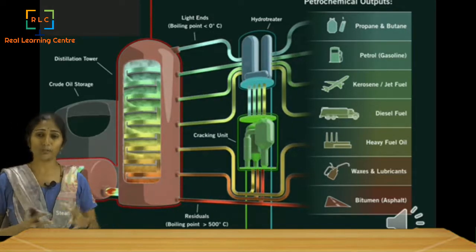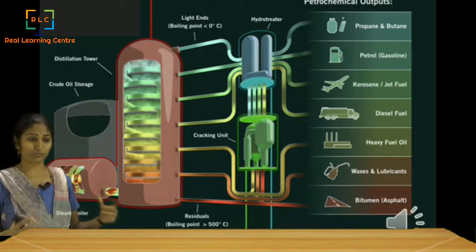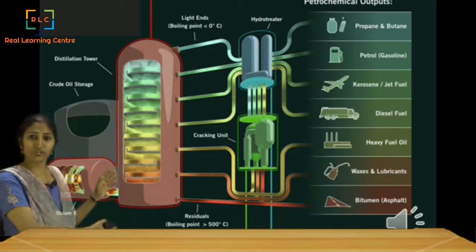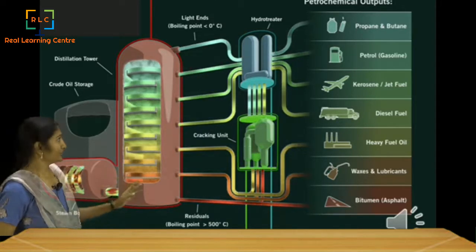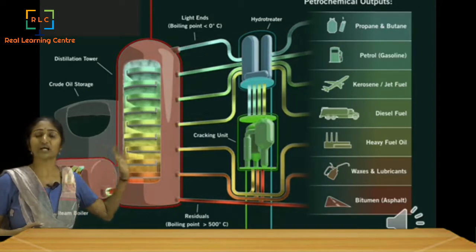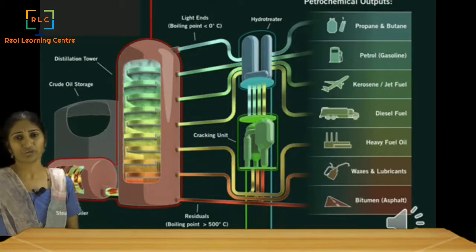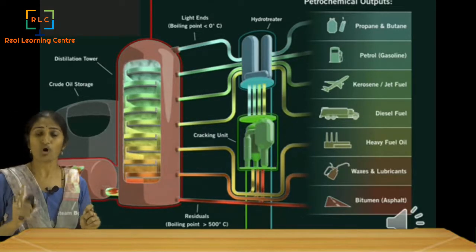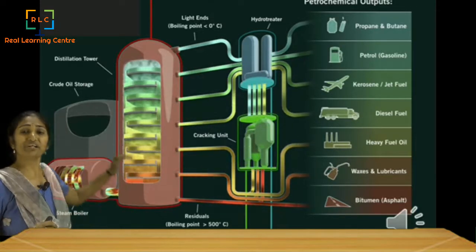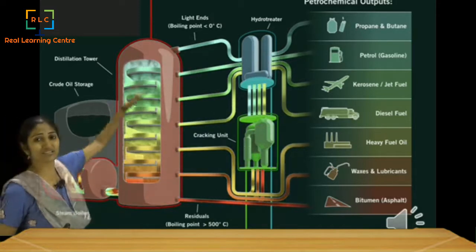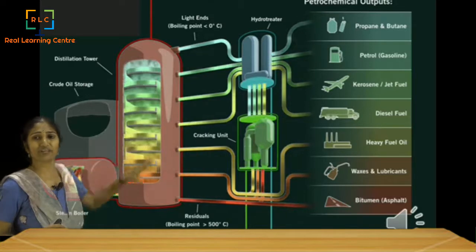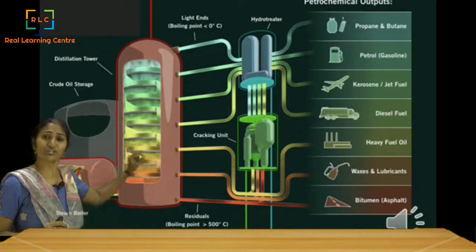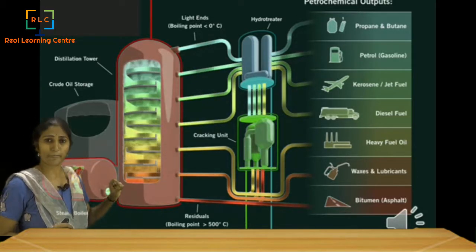I take the mixture of petroleum products, put it in one of the canals here, and then in a large tube, I start heating it. Now this heating is brought about at different fractions. This column has different fractions, and each fraction has a different temperature.